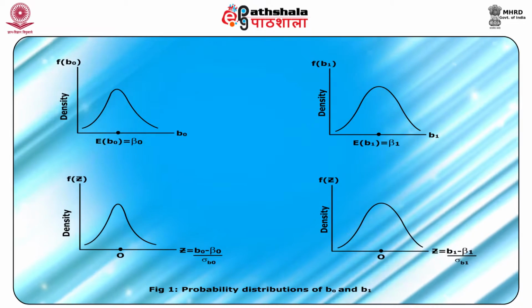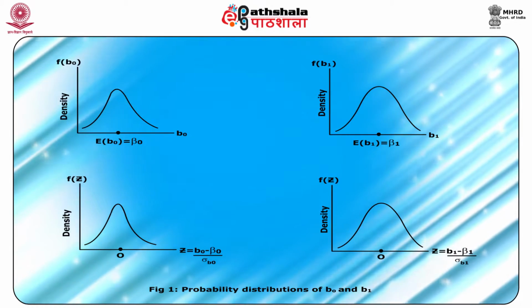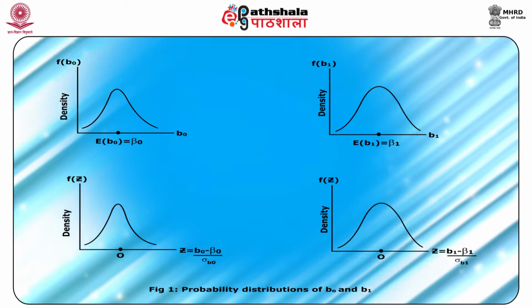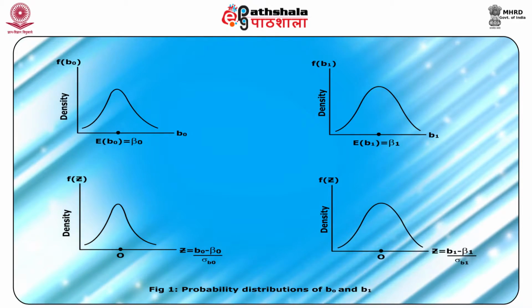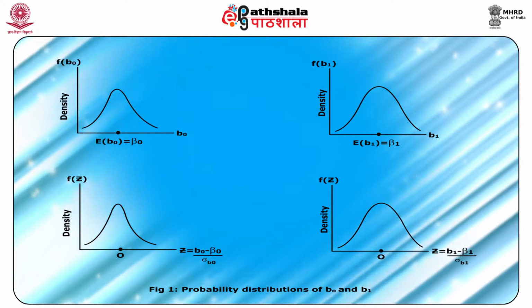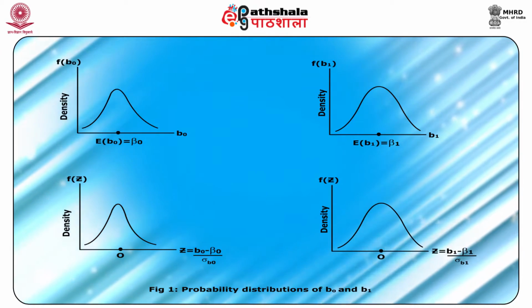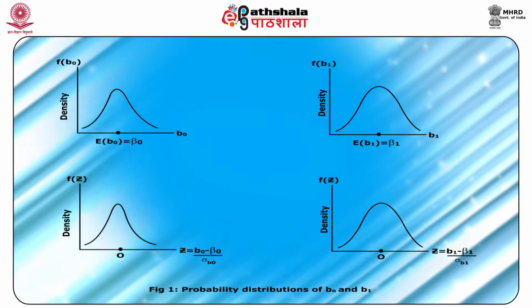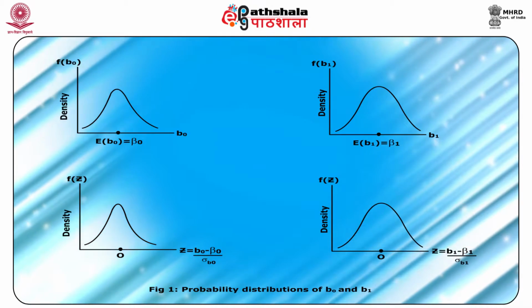These can be represented in terms of graphs, and in figure 1 we have the distribution of beta 1 and of beta 0, and similarly the distribution of a standard normal variate z for B0 and z for B1.